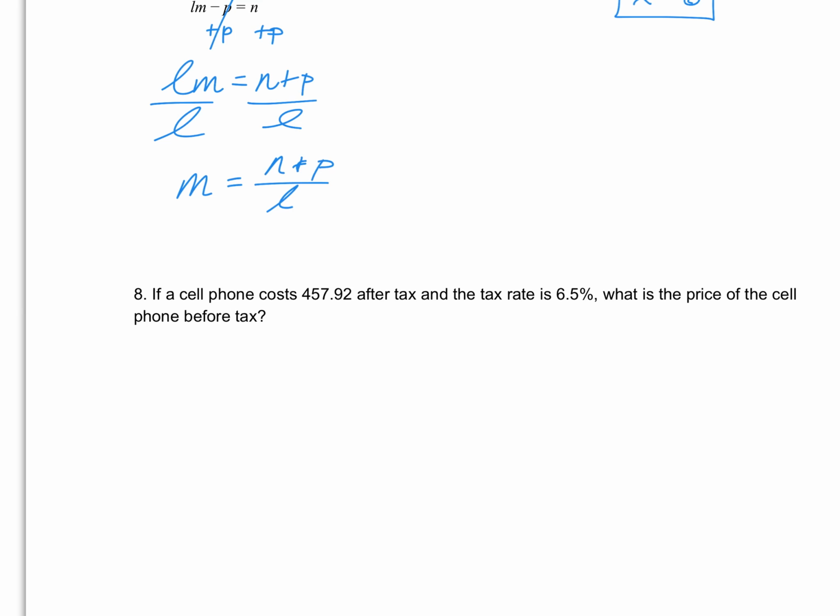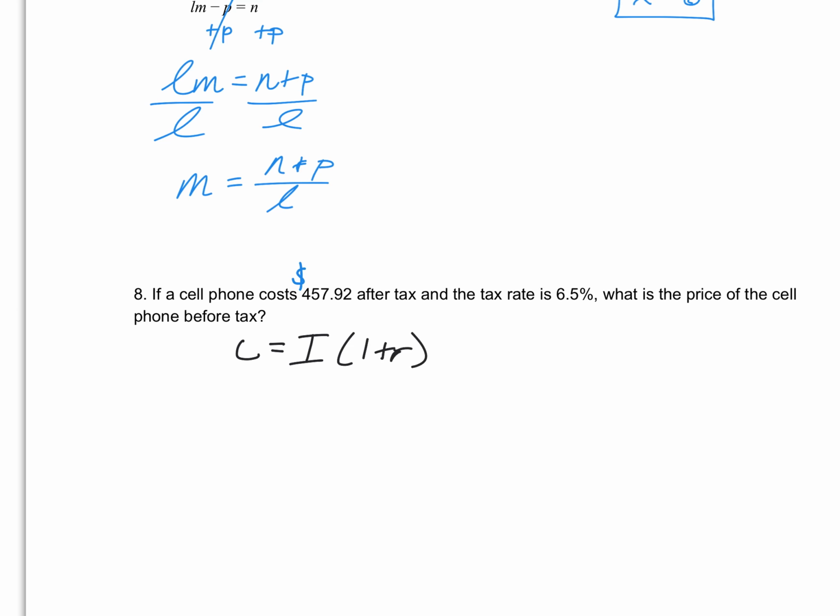So our next question here, if a cell phone costs $457 and 92 cents after tax, the tax rate is 6.5%. What's the price of the cell phone before the tax? So the equation I want to use here is our total cost equals the initial times 1 plus whatever that rate is, 1 plus r.